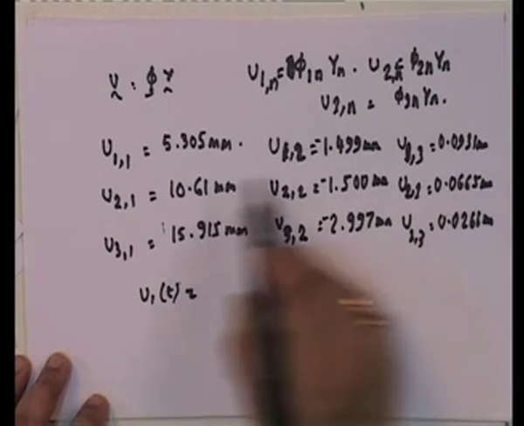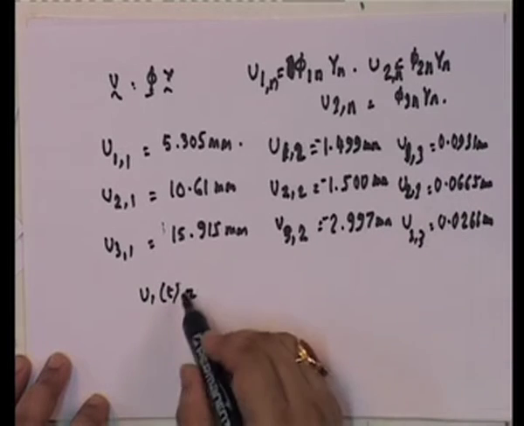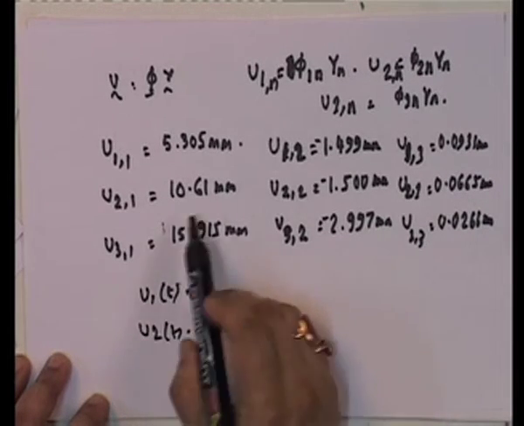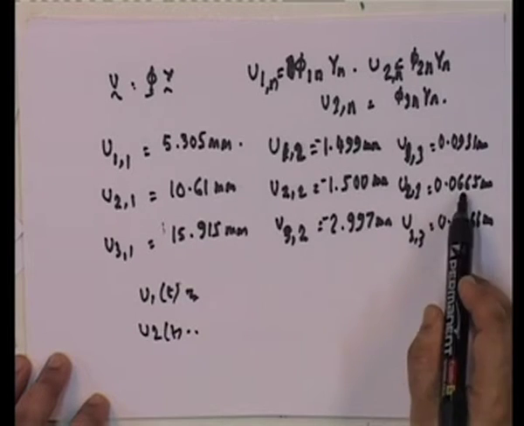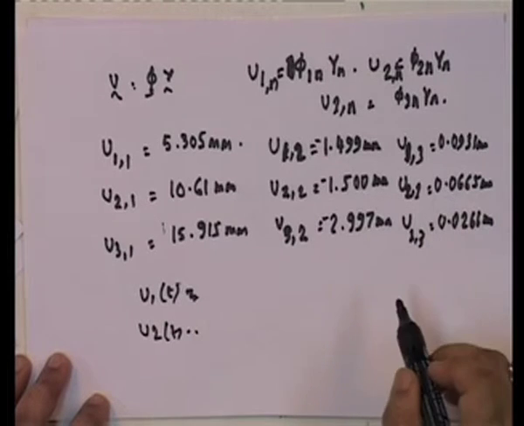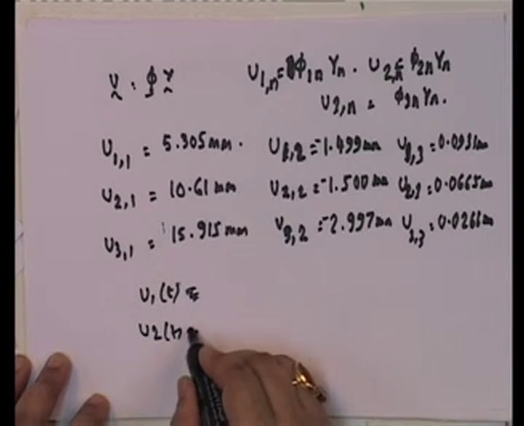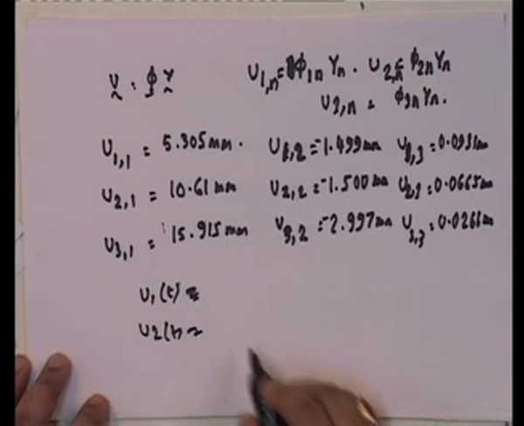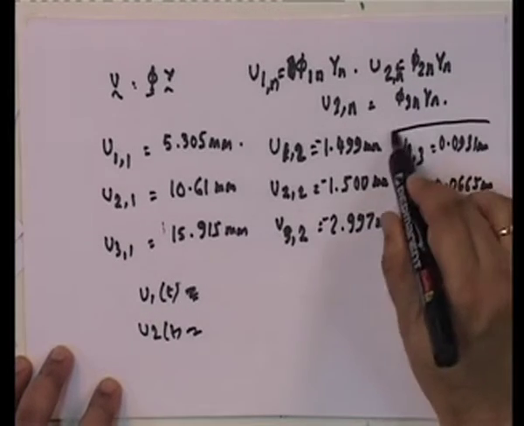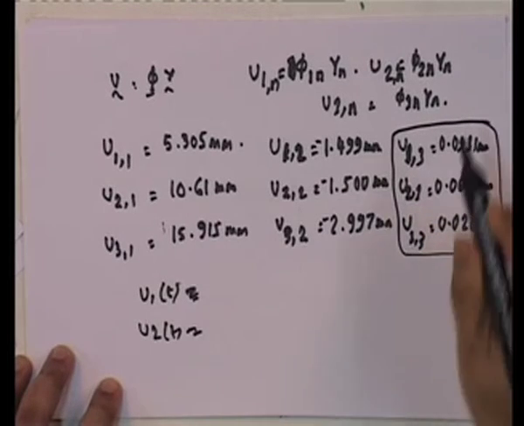So, you just add the 2, add the 3 and you get it. V2 is going to be this plus this plus this. So, this is minus. So, this will be 10.61 minus 1 point plus. Okay. So, you have a situation where if you look at it, we may as well neglect the third mode.